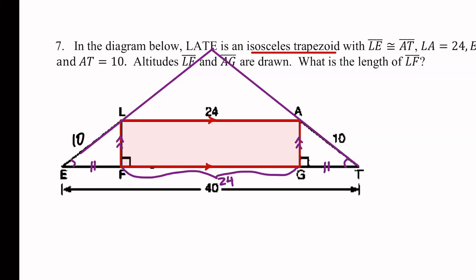But if I know that, and I'm just going to remove these markings here for a second, these two sides are parallel to one another, then I know that these two distances have to be the same. This distance has to be the same as this distance. Now, it doesn't seem like much, right? But we know that this angle here is 90 degrees. We know that this angle here is 90 degrees. All of these angles are 90 degrees. That's wonderful.